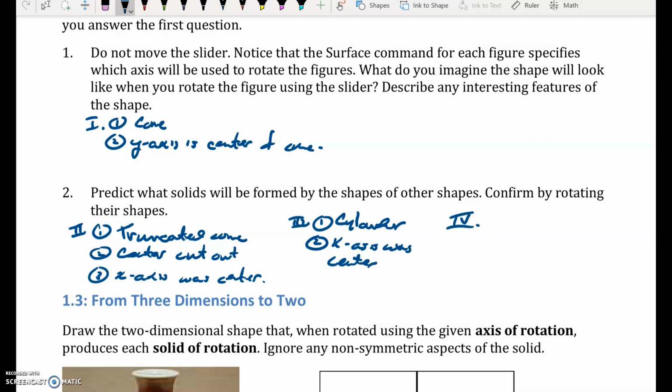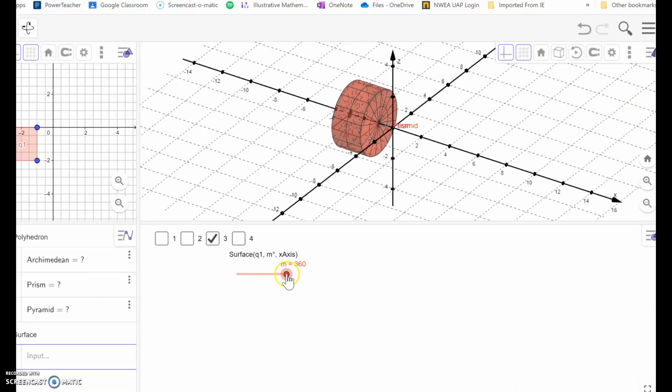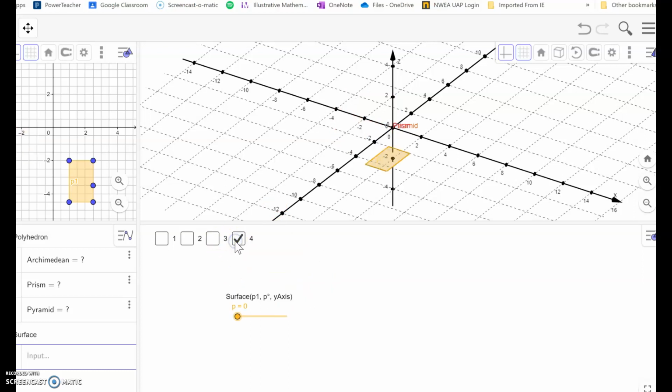Figure 4. Let's see what figure 4 looks like. Here's figure 3. Ooh, figure 4. I'm going to rotate this around the y-axis, and what I want you to notice is there's a gap between the figure that I'm starting with and the axis of rotation.